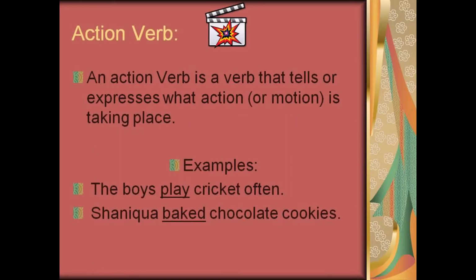Action verb. An action verb is a verb that tells or expresses what action or motion is taking place. For example, one, the boy plays cricket often. Two, Shaniqua baked chocolate cookies.